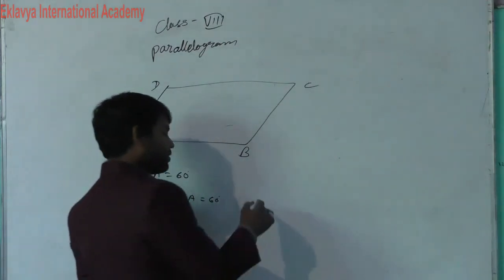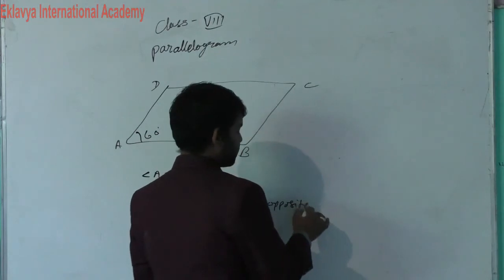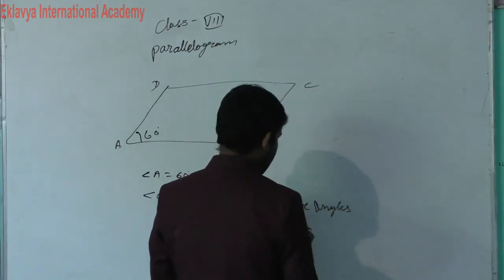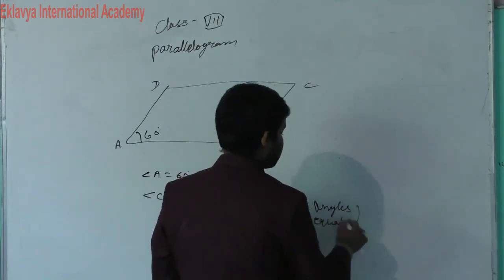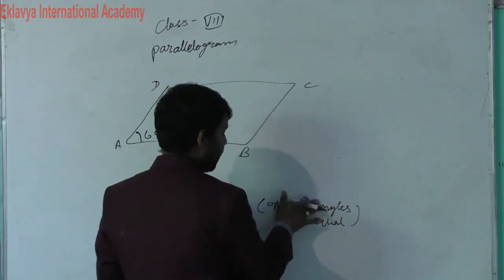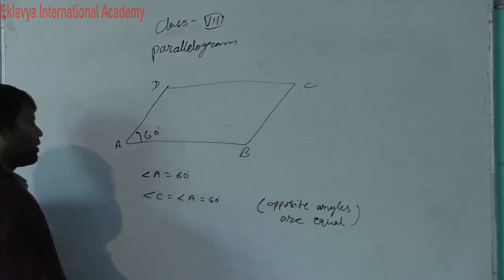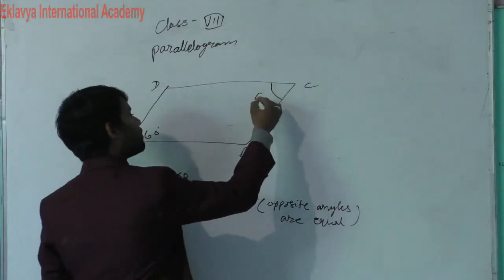Why? Because opposite angles are equal. Because here we write opposite angles are equal in parallelogram, then it is 60, then it is also 60 degree.